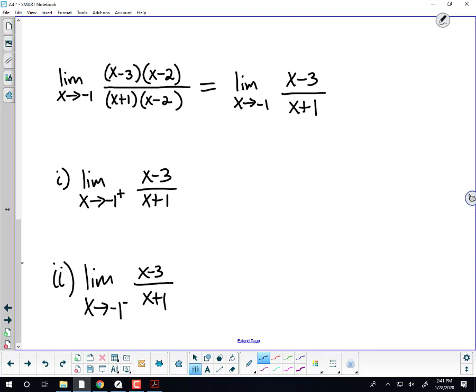As x approaches -1 from the right, what is the numerator approaching? -4, right? That doesn't change in either case. That's not the problem. As x approaches -1 from the right, the denominator x plus 1 approaches what?